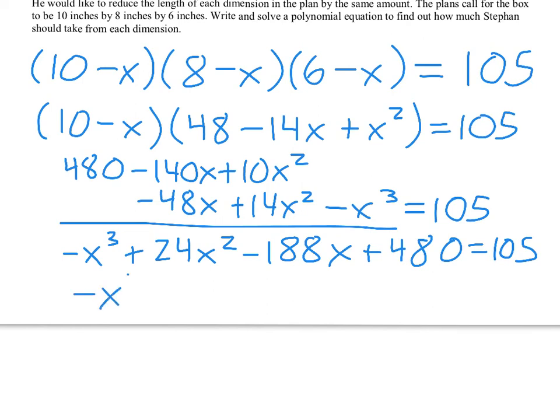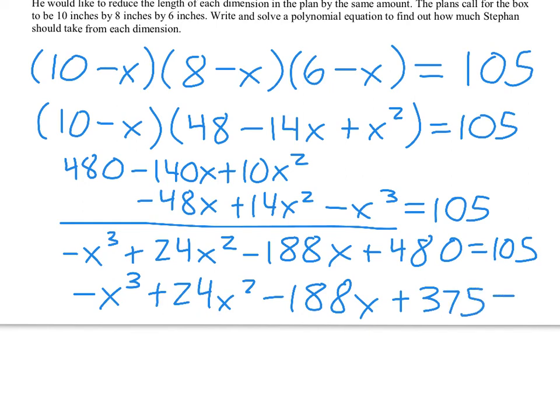We want it to equal 0 in order to find the zeros, so I'm going to move the 105 to the left side. 480 minus 105 becomes 375. Factoring by grouping will not work, so it looks like we have to guess.